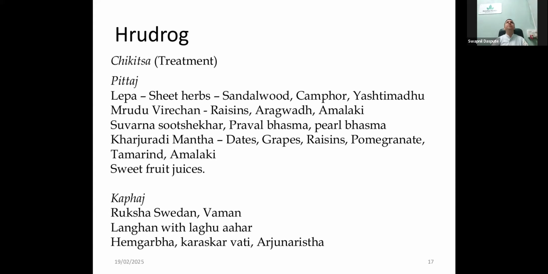So Ruth Basti with oil, Bala oil, Chandan Bala Lakshadi oil, can certainly help in Vataja type of Rudroga. Okay. You also suggest Shirodhara to pacify the mind a bit and nourish? Shirodhara in Rudroga?